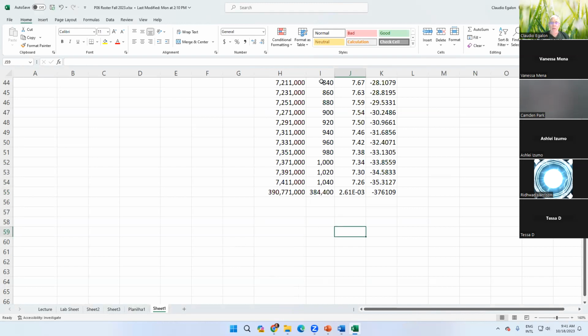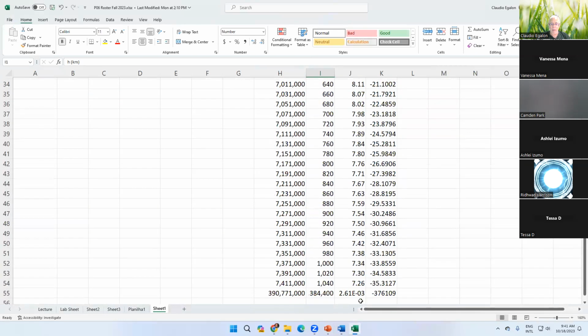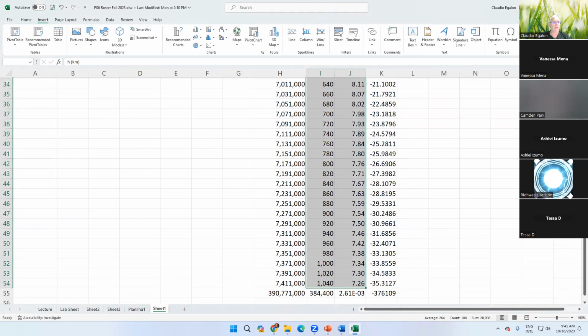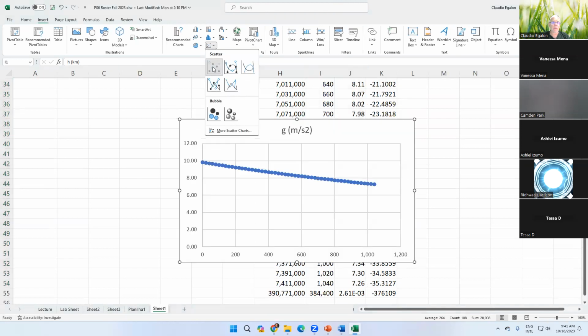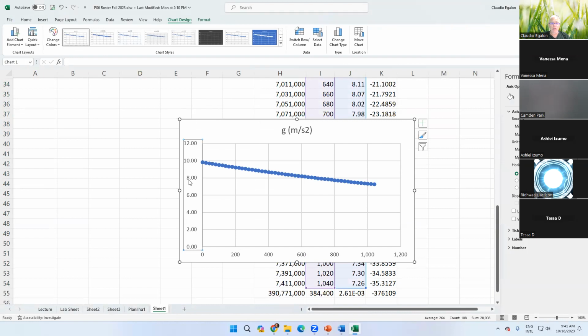We can plot the acceleration of gravity against, just like the book did, right, against the height in kilometers, right, until 1,000 kilometers high, insert. You're gonna get something like that. That looks like a linear, but it's not linear.